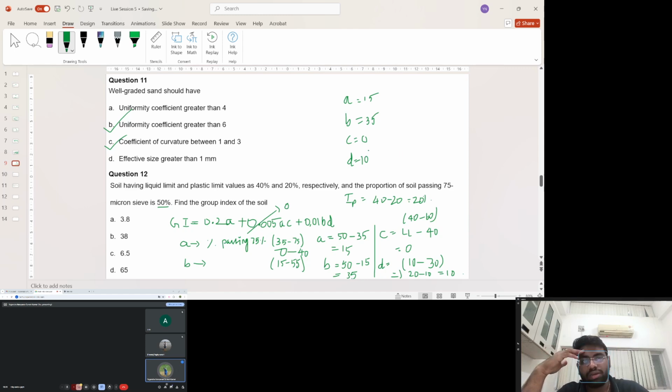Now you can substitute these values here.